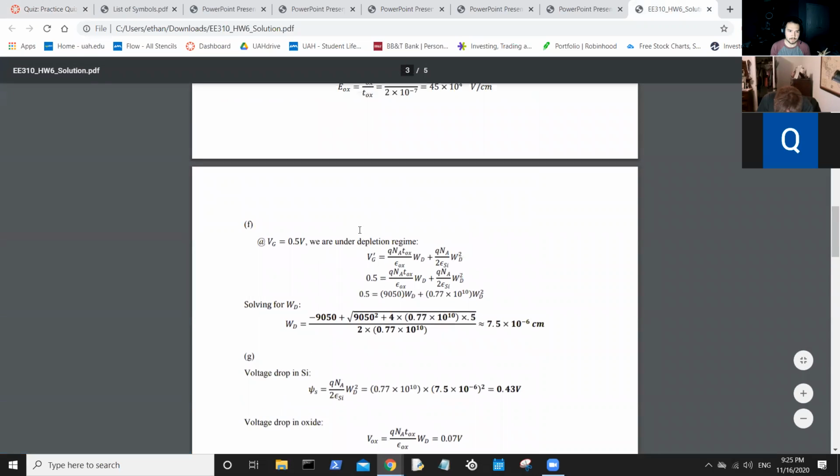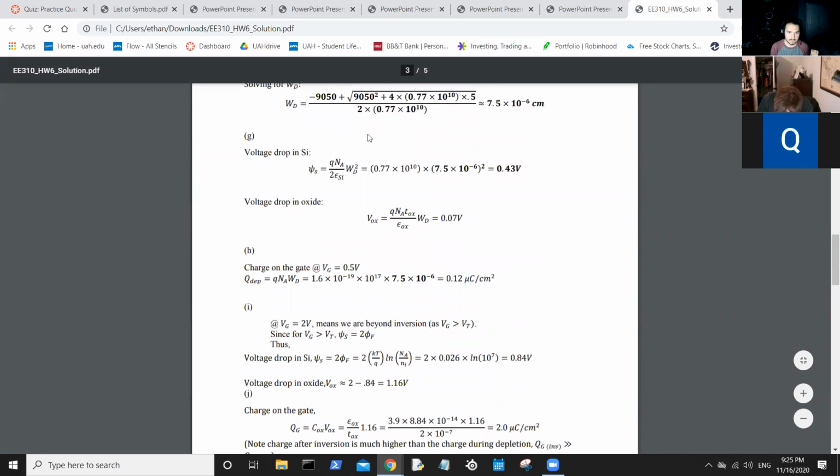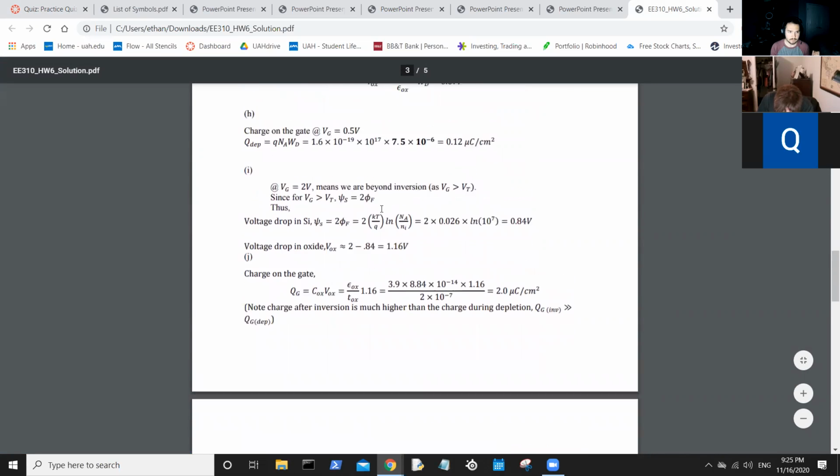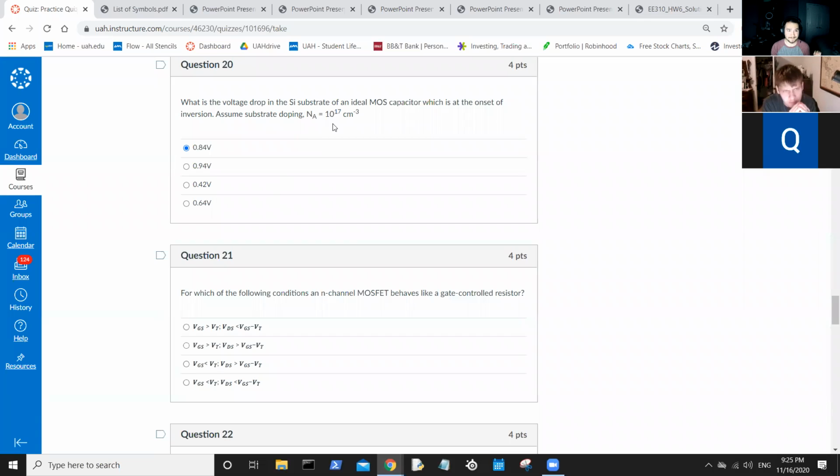But the process is, at the onset of inversion, you recalculate your depletion width, you carry that depletion width down, and you do the voltage drop in the silicon using this system right here.